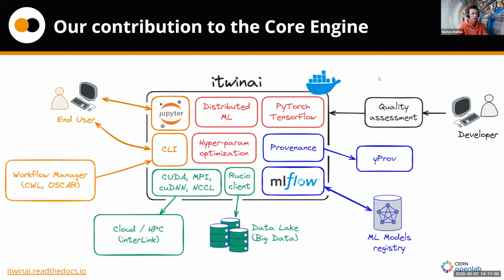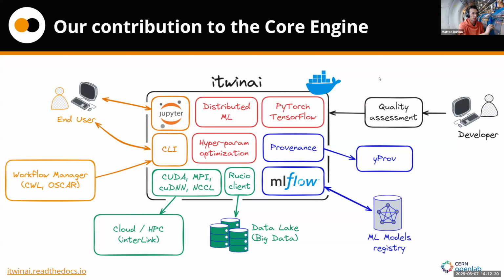The goal is to support both PyTorch and TensorFlow frameworks to help scientists track provenance information through YProv, but also exploiting popular frameworks such as MLflow to deploy and provide a machine learning model registry to store and version and keep models that can be retrained in the future. Of course, we are interested in making a link with infrastructure, both through Rucio and other libraries for distributed computing.